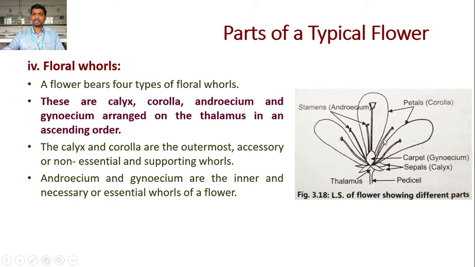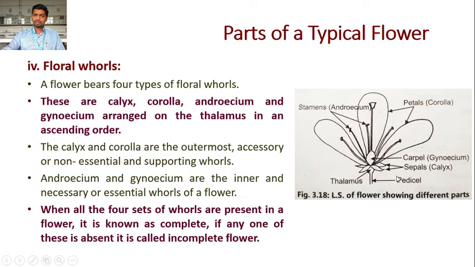These are the reproductive parts of the flower. So these are the floral whorls: calyx, corolla, androecium and gynoecium. The androecium consists of anther, connective and filament. The gynoecium consists of stigma, style and ovary.